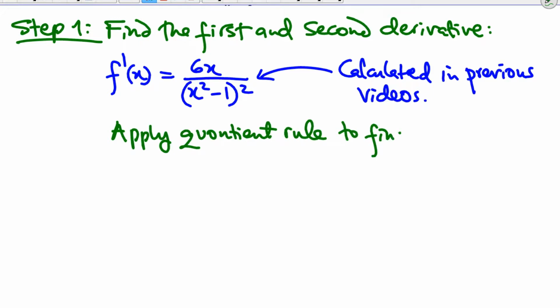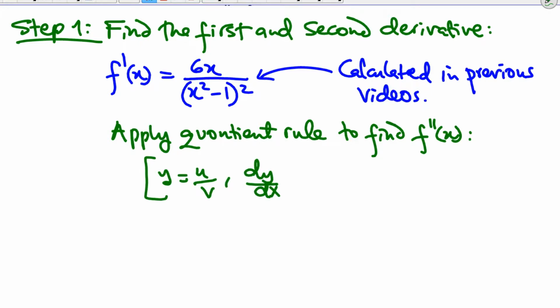The quotient rule states that if y is equal to u over v, then dy over dx, the derivative, is equal to v du over dx minus u dv over dx, all over v squared.